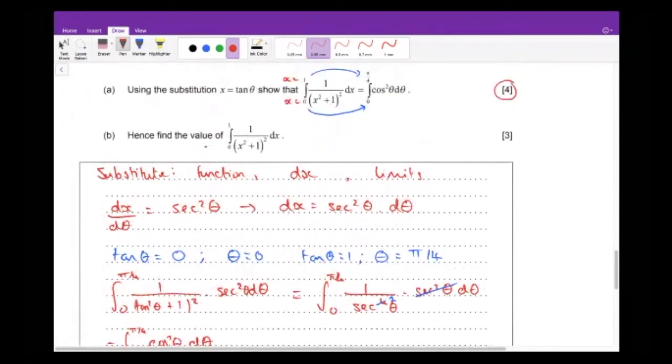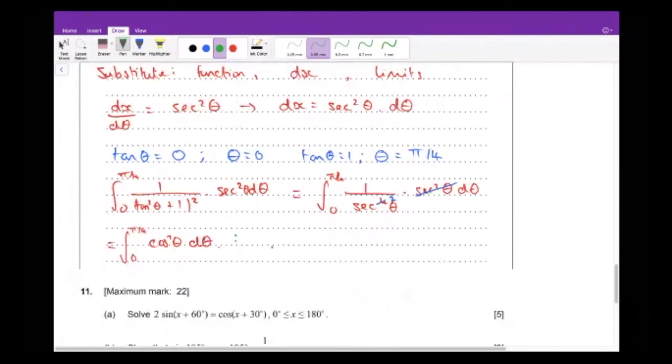Part B, hence find the value. Now, whenever you see hence in standard and higher level, this means use the above. So we're actually being asked to solve this integral. Higher level students, make sure you know how to do this identity. Whenever you see cos squared, we're going to use the fact that cos 2 theta is 2 cos squared theta minus 1.